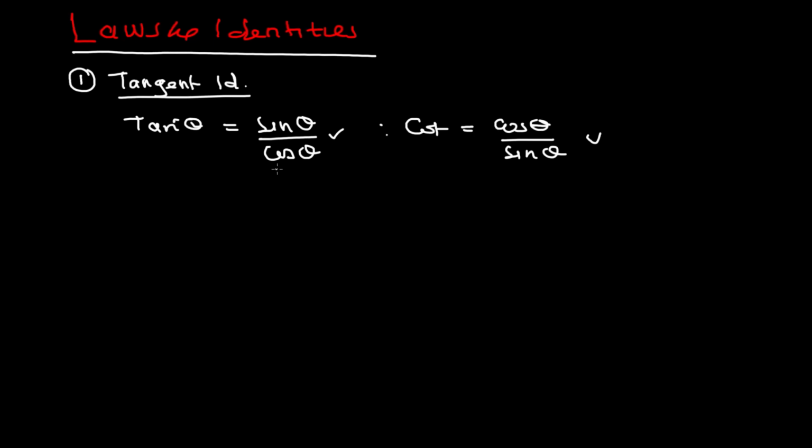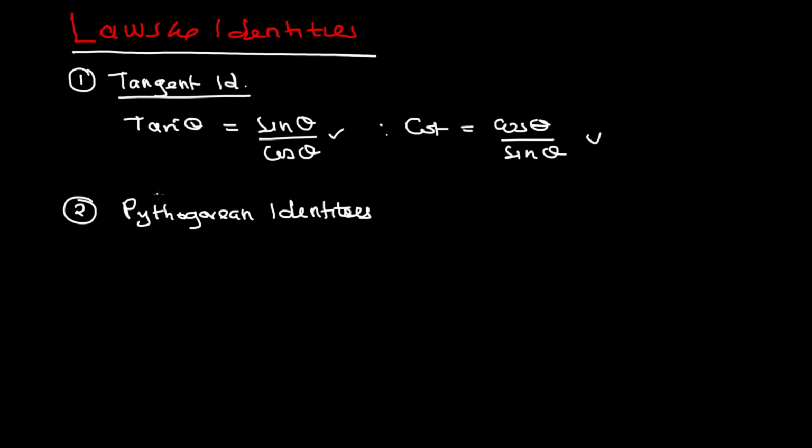This is the same. There's no other science to this except the fact that this is a relationship that we worked out when we looked at the relationship between sine and cosine. We derived this in one of the previous videos. So these are the identities that we have to know. Okay, so these are the first ones, those two, right?